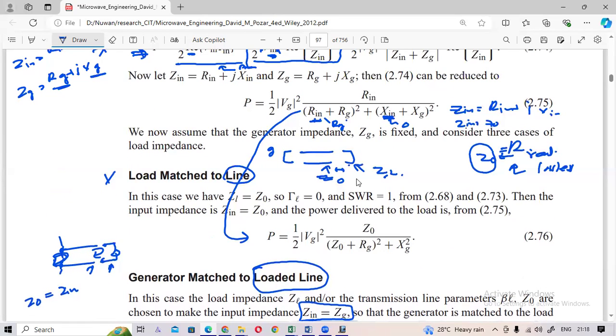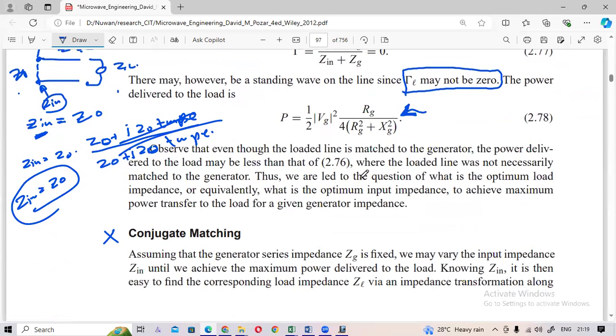So R in will be equal to Rg, X in will be equal to Xg. So here you can substitute Rg, and instead of X in, you can substitute Xg.